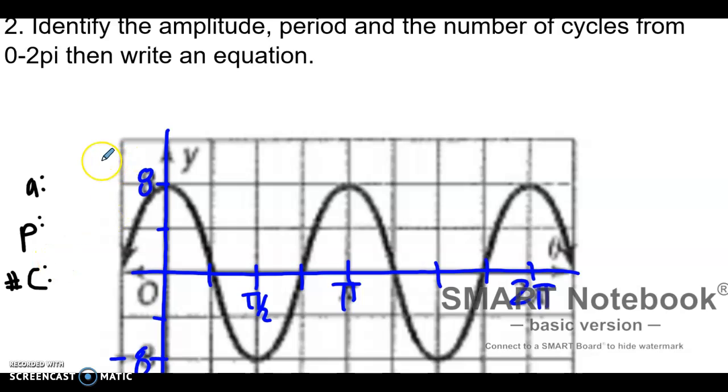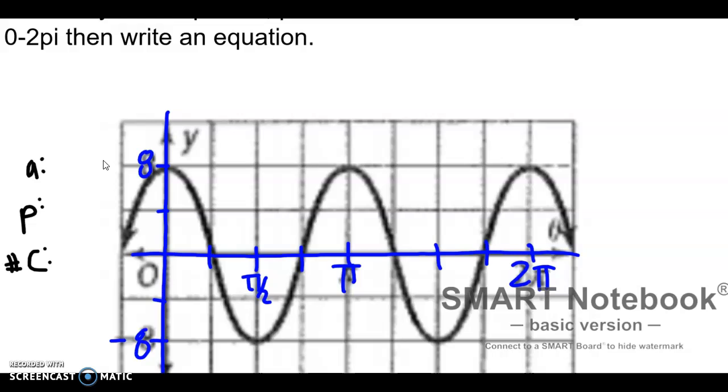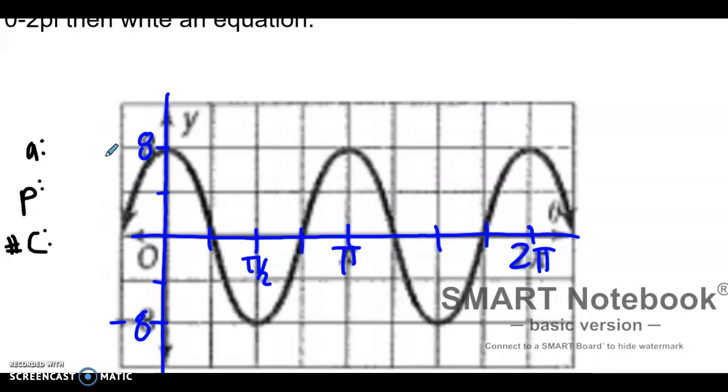So identify the amplitude, period, and number of cycles from 0 to pi. Then we're going to write the equation. So this goes from 8 down, so the amplitude is 8. The period goes from here back up to here, which is pi.